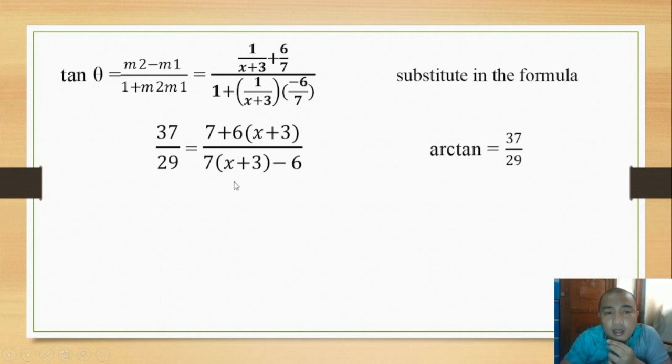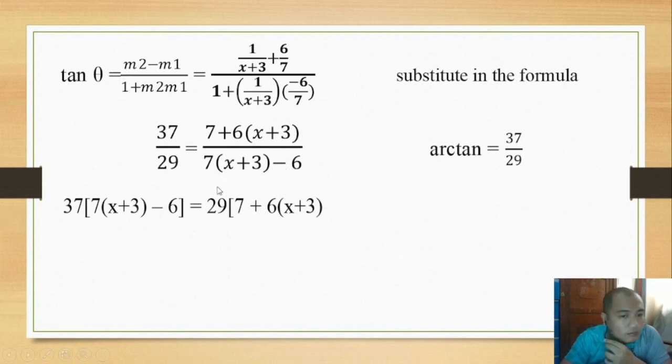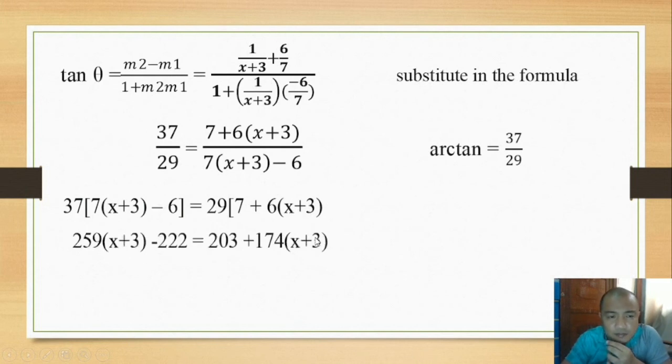Then simplify this part on the right side of the equation, or just cross multiply. 37 times 7 times x plus 3 minus 6 equals 29 times 7 plus 6 times x plus 3. We have here 259, 37 times 7 is 259, minus 6 times 37, 222, equals 29 times 7, 203, plus 29 times 6, 174, times x plus 3.